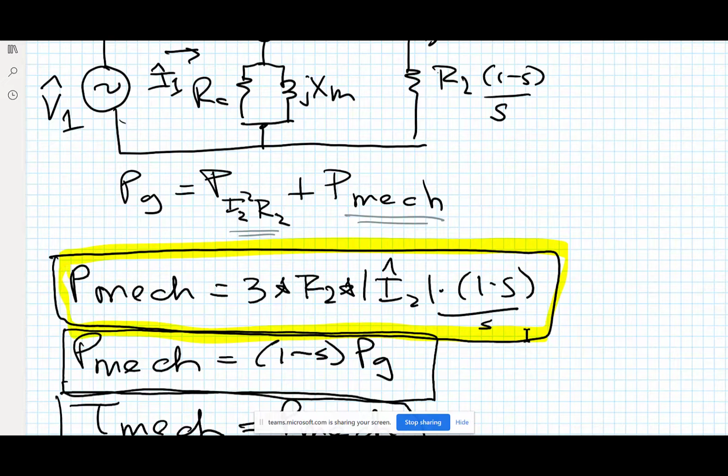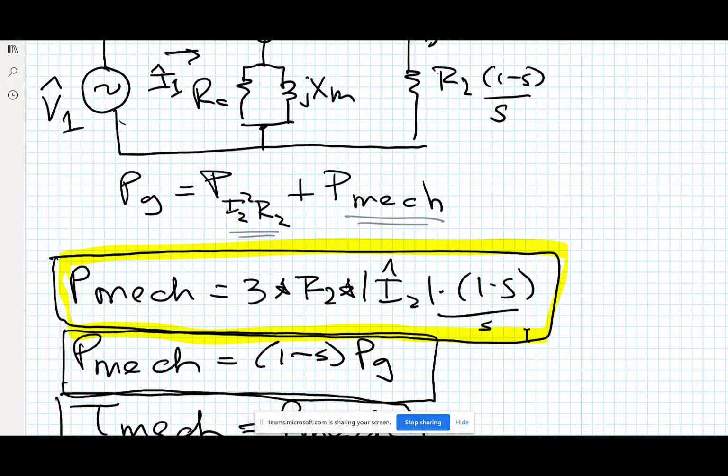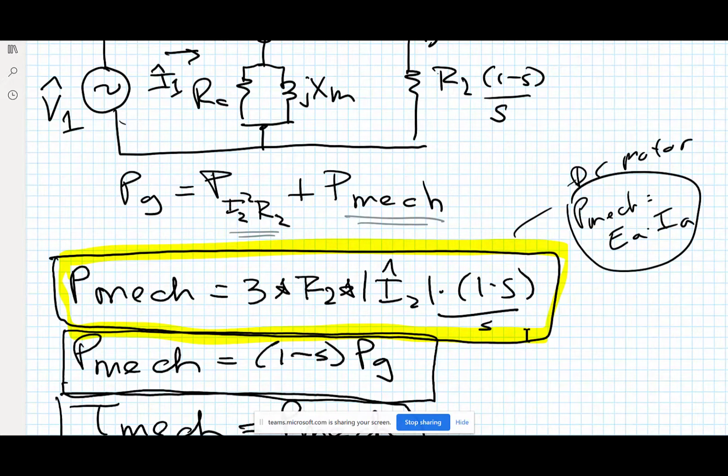So this is the equivalent to, say, when we talked about the DC motor, we had P mechanical equal to EA times IA. That's the equivalent for an induction motor.